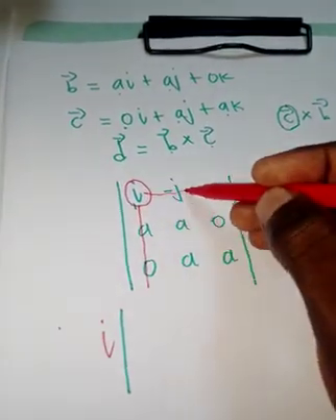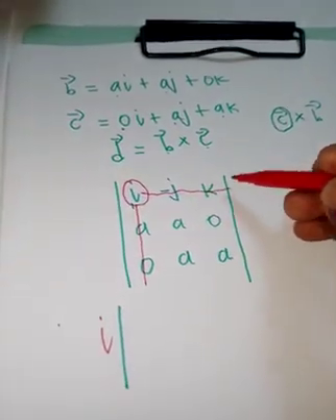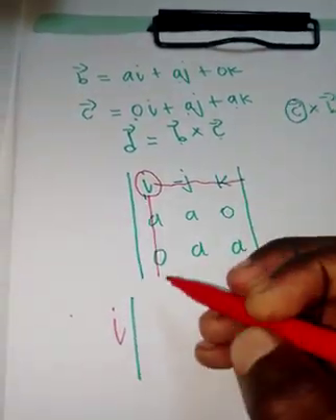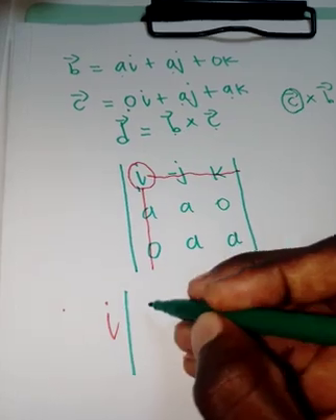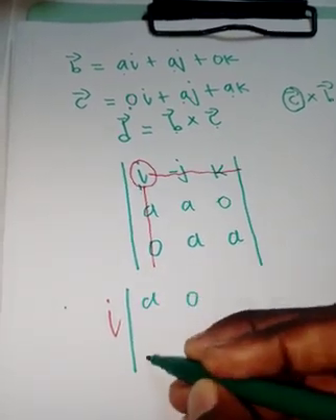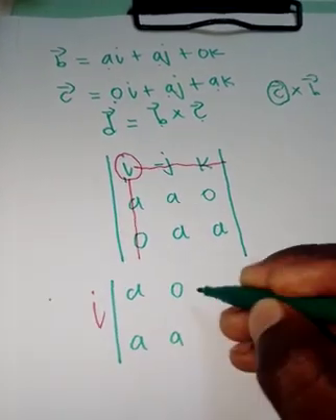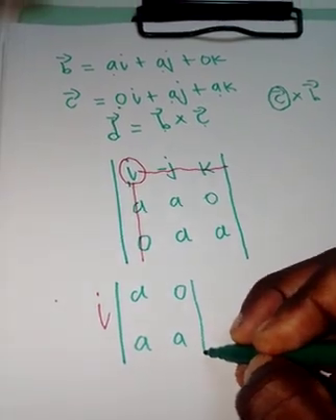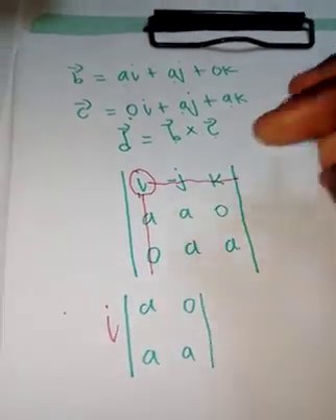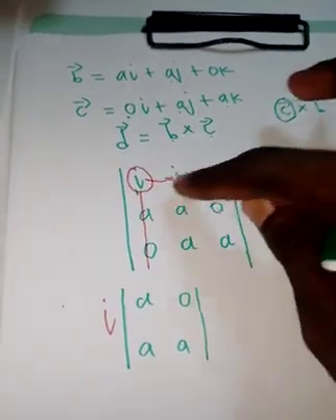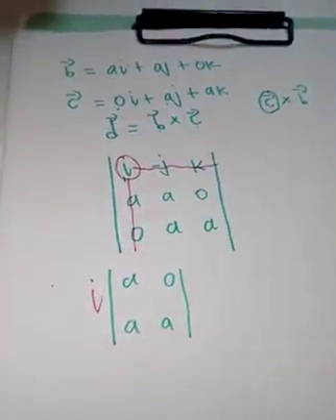So you eliminate these. And whatever remains should give you a 2 by 2 matrix. This is what remains. That should give me a 2 by 2 matrix. Pick negative j. It should be negative j always. It's i, negative j, k.